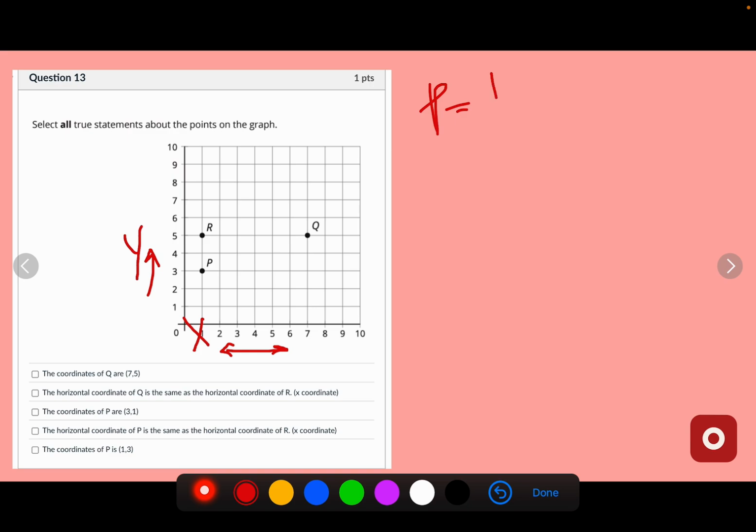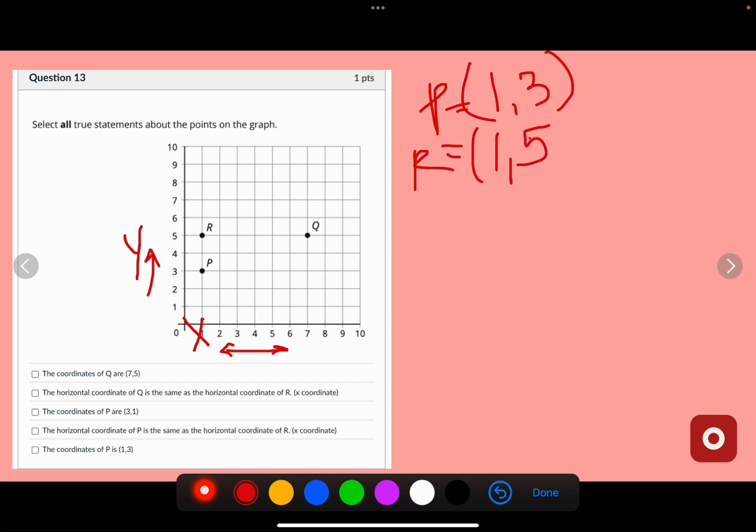Going over 1, up 3. Now, if we are looking at R, it's going over 1 and then up 5. So this one will be 1 and 5.